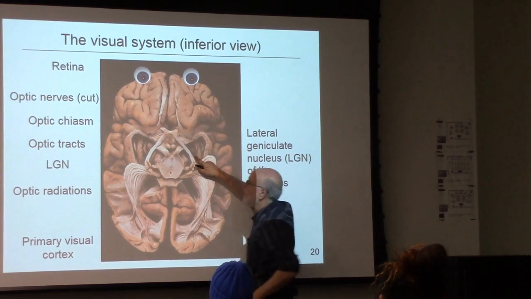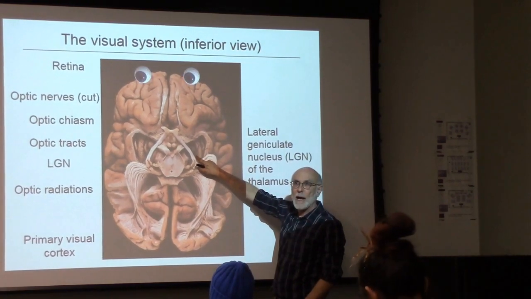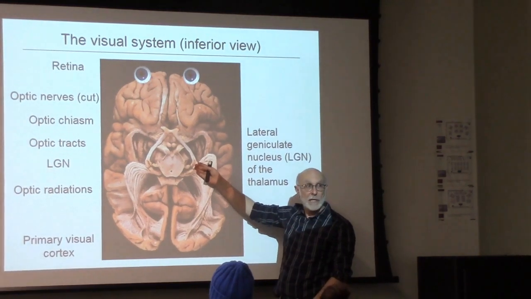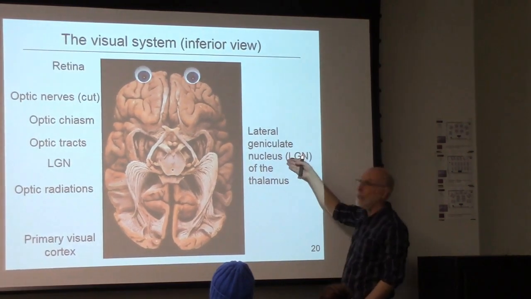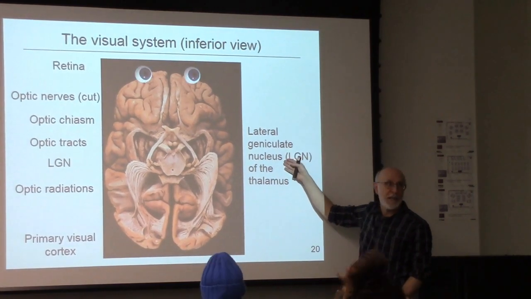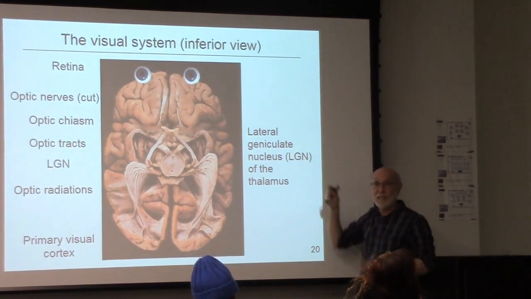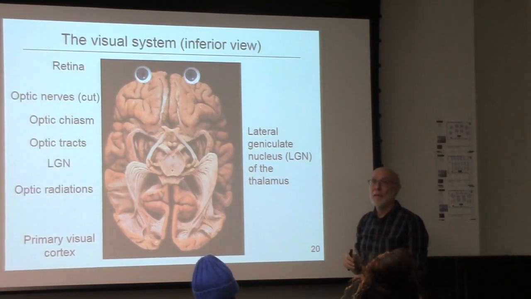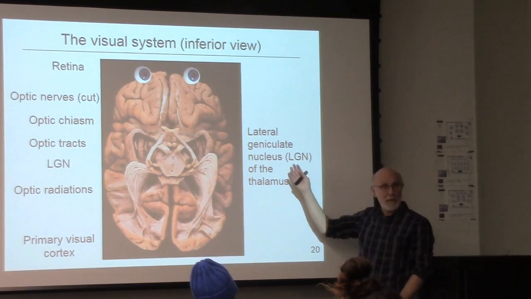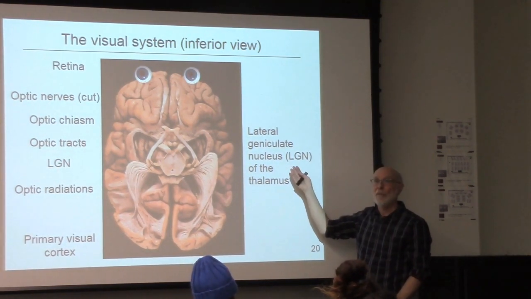Optic tracts run from the optic chiasm to the thalamus. In particular, now we're going to talk about a specific nucleus in the thalamus called the lateral geniculate nucleus, LGN. The lateral geniculate nucleus is a part of the thalamus that is dedicated to processing visual information. That's an anatomical term that I do want you to know.